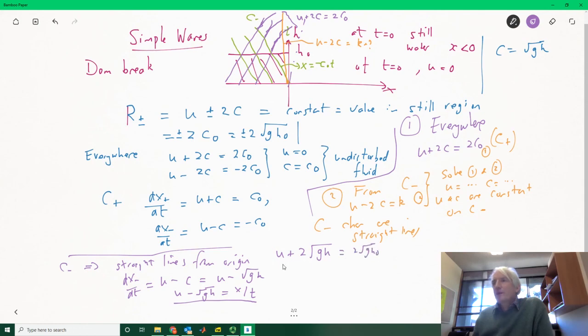So that's equation 2, and that's equation 1. And we can solve those equations. I'm going to stop here and then start the next part. But you can solve that equation now and find out what h and u are.